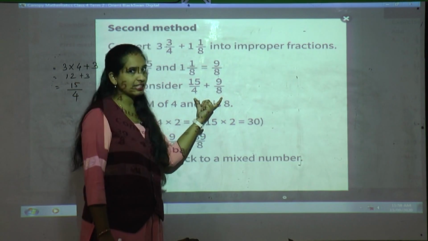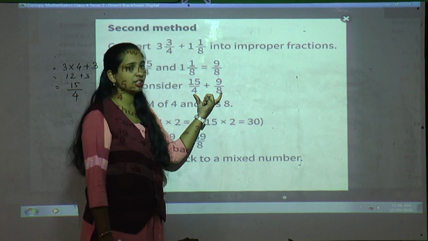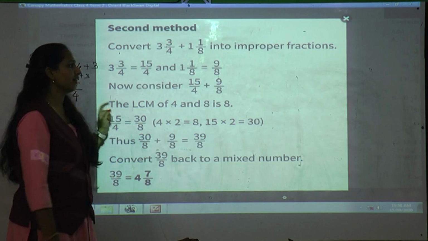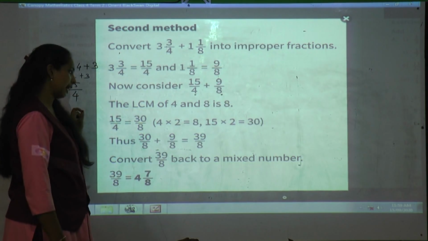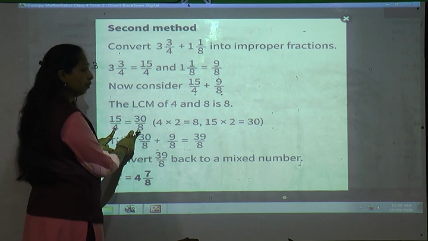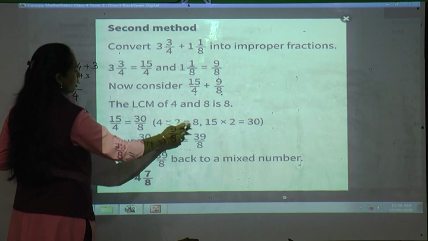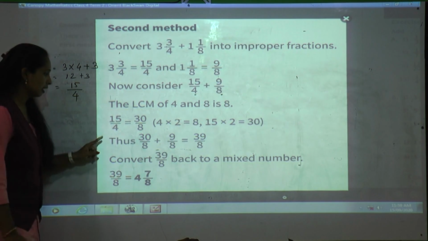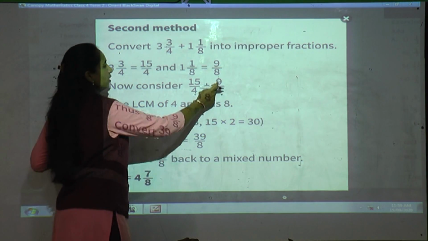Now once you convert mixed fractions into improper fractions, now see the numbers, the denominators are different, we need to make them the same. For that we have to find the LCM of 4 and 8. What is the LCM of 4 and 8? It is 8 only. So for 15 upon 4, what do we want in the place of the denominator? 8. For that 4 2s are 8. So 2 here also, 15 multiplied by 2 is 30. Now we get 30 upon 8, and the next is what? 9 upon 8.